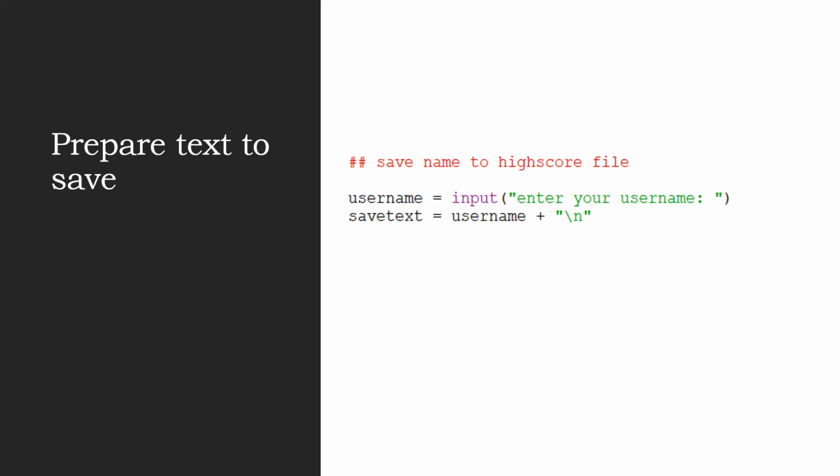That's so that every time I save a username to my text file, it will be saved on a fresh line. You don't have to do this, but you need to put something in between your different save values so they don't all just run together. And I've chosen to use a new line break. You could put a comma, for instance, or a space in between your text values.